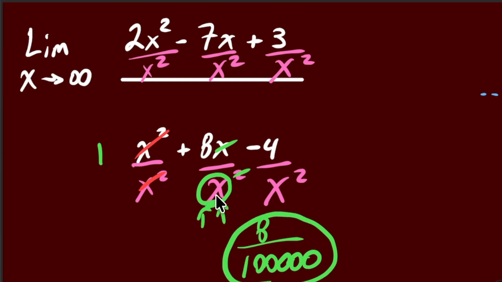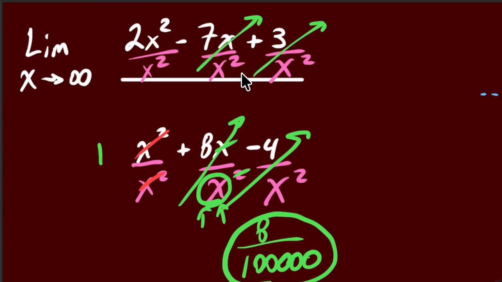So anything that's going to have a big number, namely infinity, in the denominator is going to go to 0. So that's going to go to 0, that's going to go to 0. Now as we make our way up to the numerator, that's going to go to 0, that's going to go to 0. These are going to cancel out, and you're going to end up with 2 over 1.